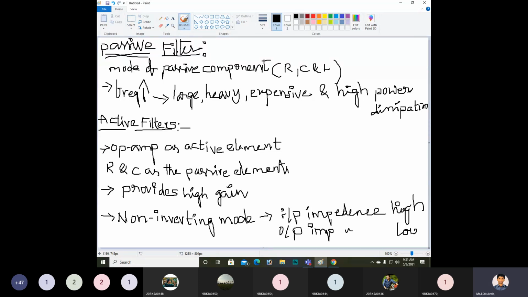When the op-amp is used in non-inverting mode, it offers high input impedance and low output impedance.